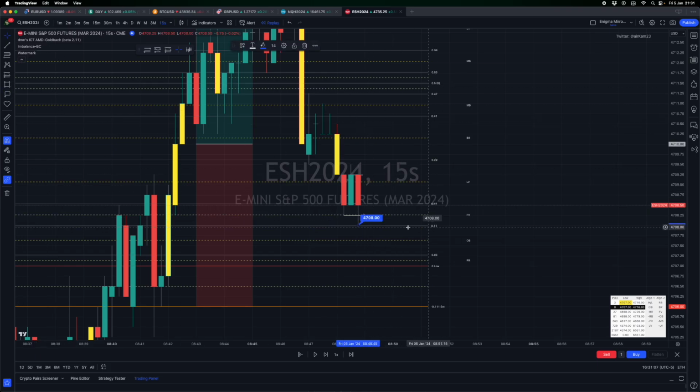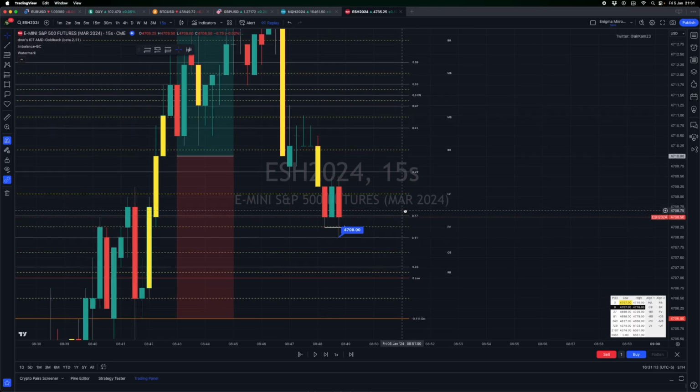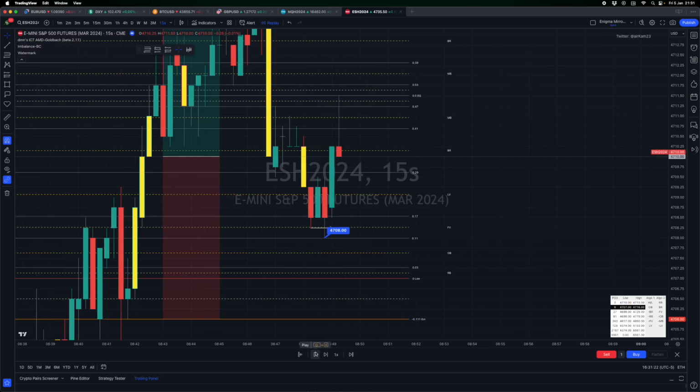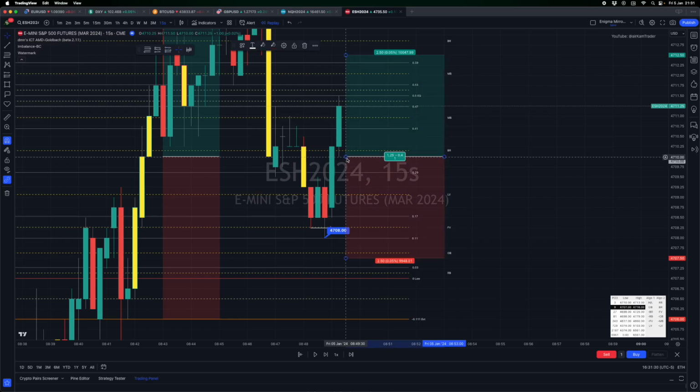That's the GB level it was running to inside this fair value gap. Okay, now we are looking for an entry model to get into a bullish trade. Okay, there's your fair value gap. So I would put my trade on like this, and I would have my stop here.